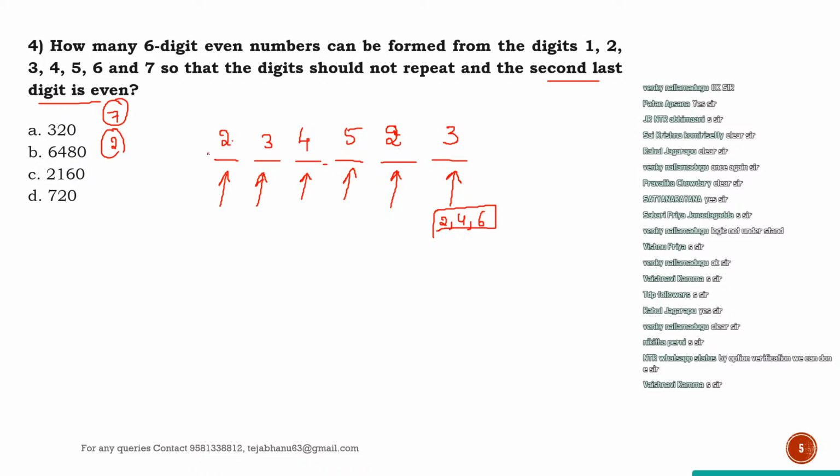This value is 5 factorial, which is 120, into 2 threes are 6. 120 times 6 is 720 ways. So 720 even numbers can be formed by using the given numbers.